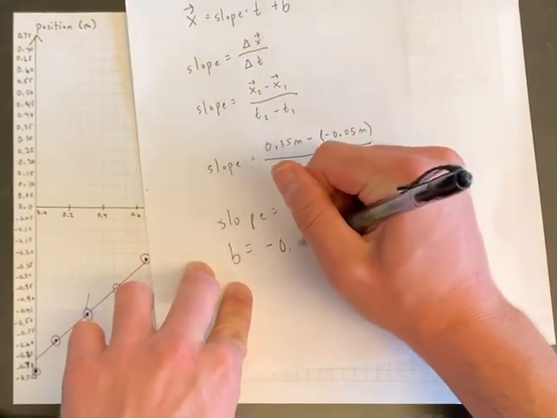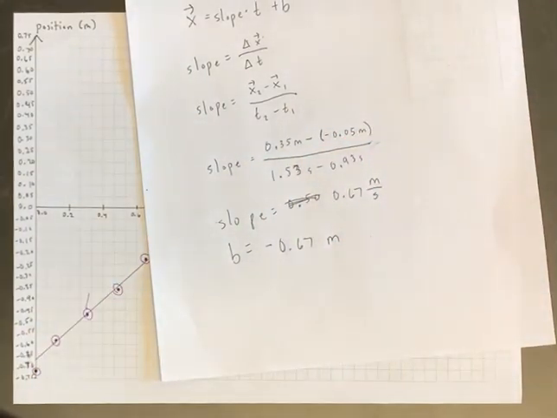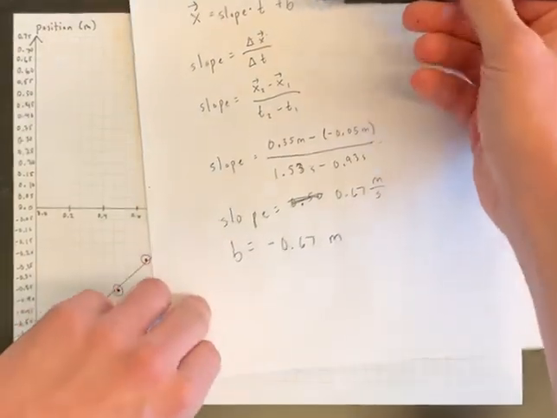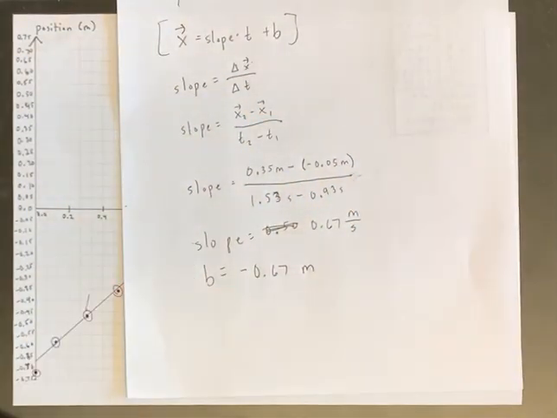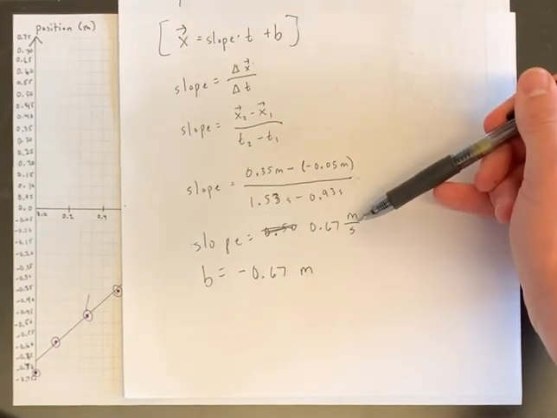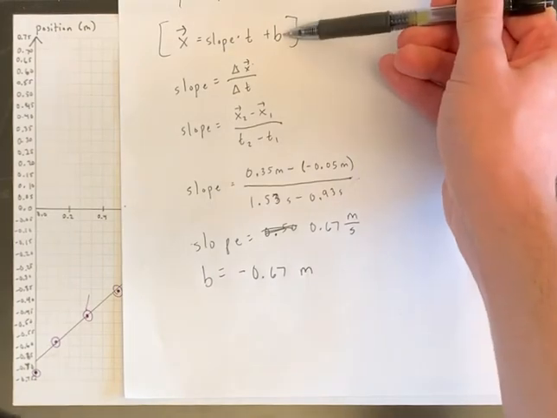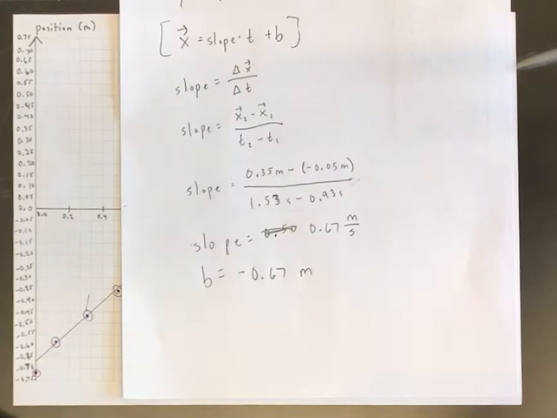Negative 0.67 meters is my y-intercept. And now I'm going to go back up here to my line equation, and I'm going to replace the word slope with 0.67 meters per second, and I'm going to replace the y-intercept variable b with its value, negative 0.67 meters.